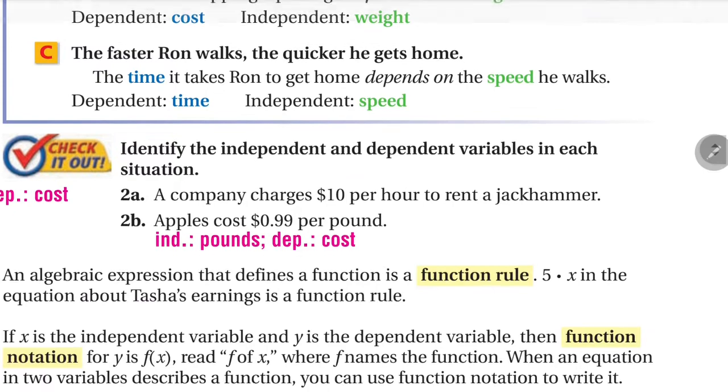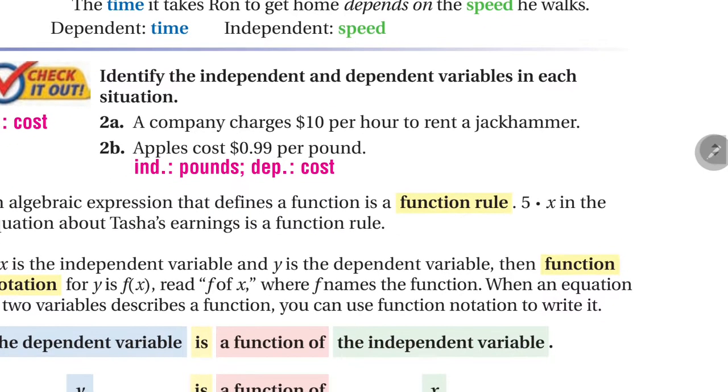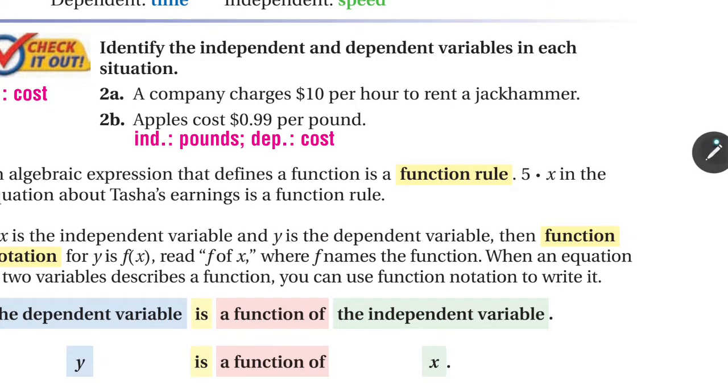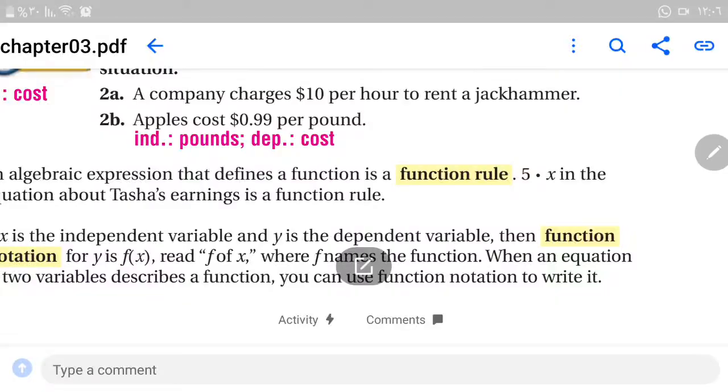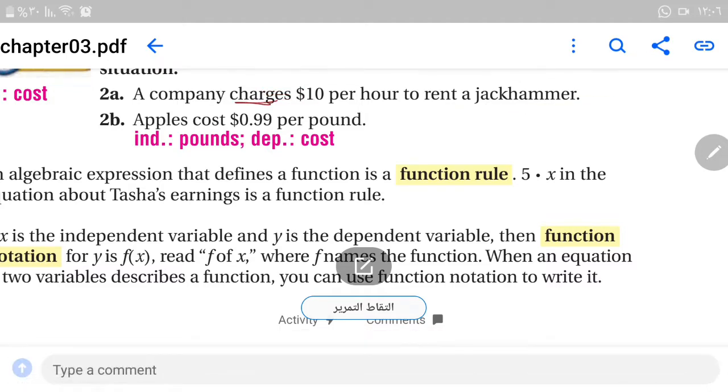Let's see the checkout. In A, in the checkout, a company charges $10 per hour to rent a jackhammer. Okay, it charges $10 per hour.